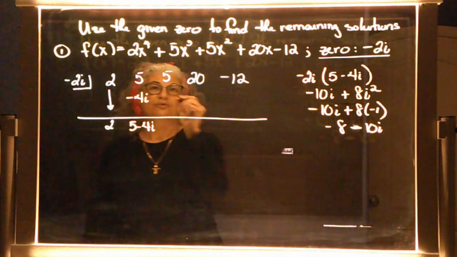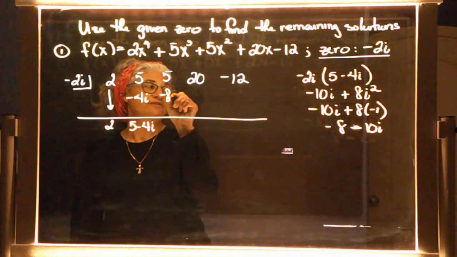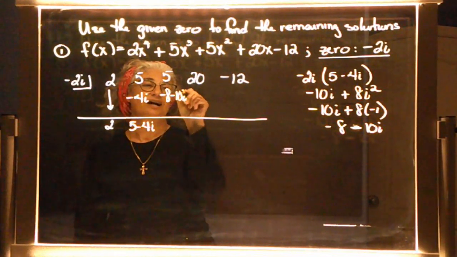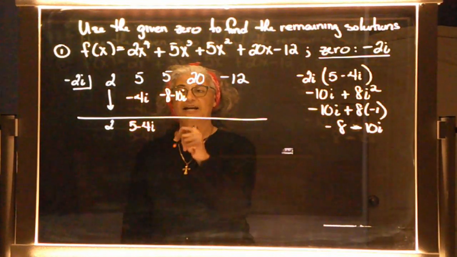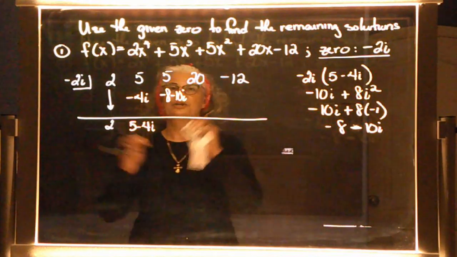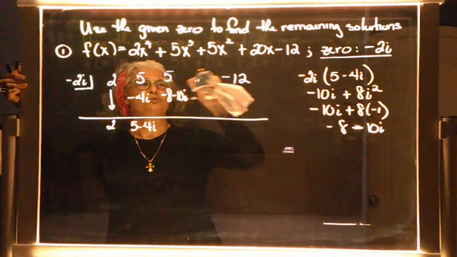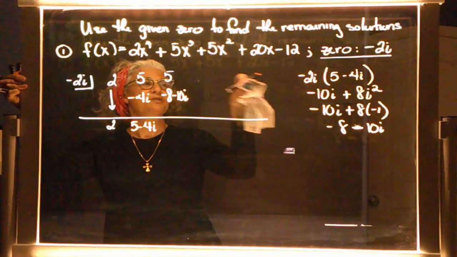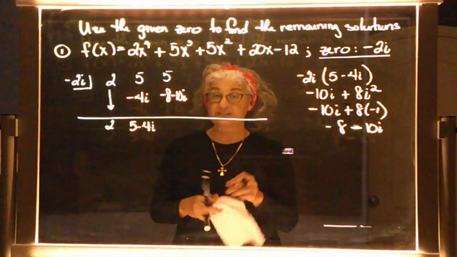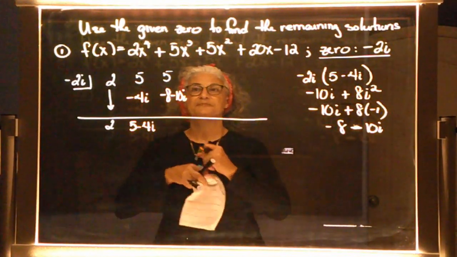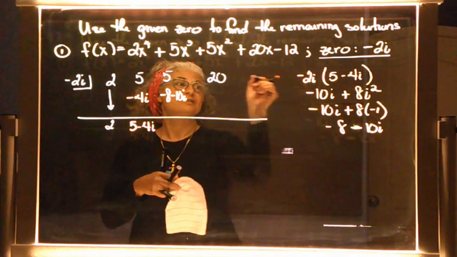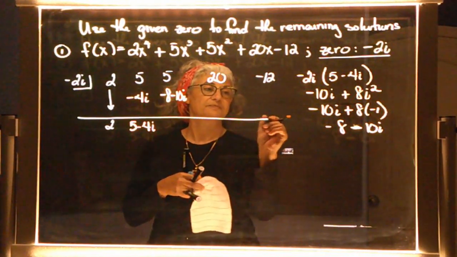Cool? Okay, well that's going to go under this 5. Negative 8 minus 10i. And when I add those together, that's right. And I'm going to give myself a little bit more room in between these numbers because I have a feeling I'm going to need a little bit more room. So the 20 and then that negative 12.